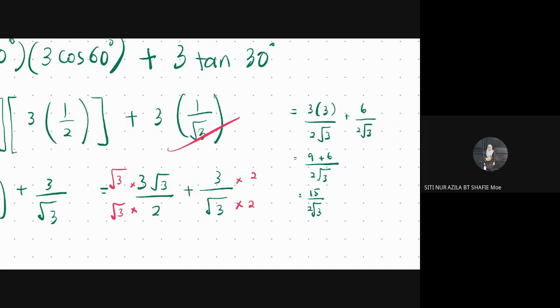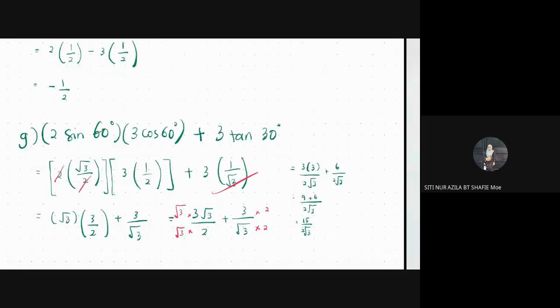Let me check back the answer. What's the answer? 5 root 3 over 2. Okay. I think I have to check this answer back with your other teacher if I got anything wrong. We are going to KIV this question.